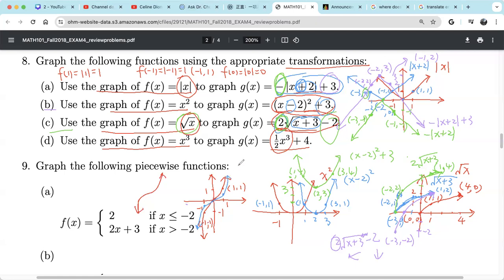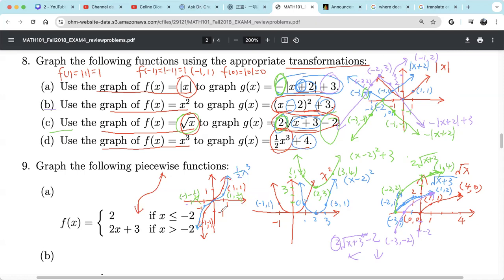Okay, so this is the graph of half x cubed. Plus 4 will push the 3 points up 4 units. So this point was 1, 1/2, and this point was -1, -1/2, and 0 is still at the origin.